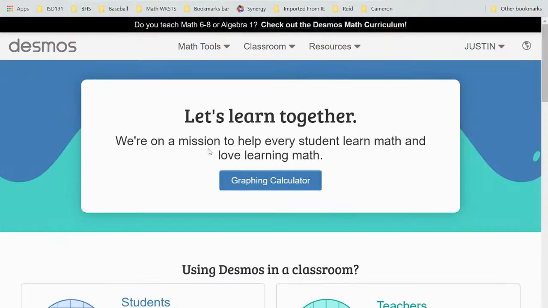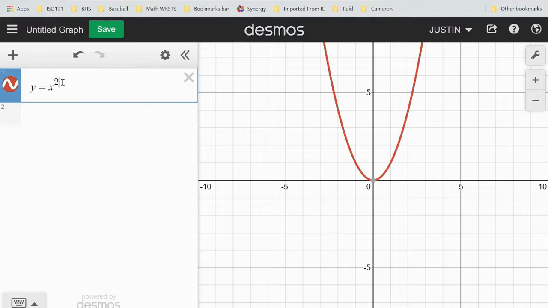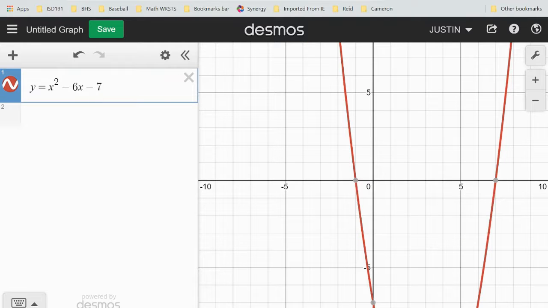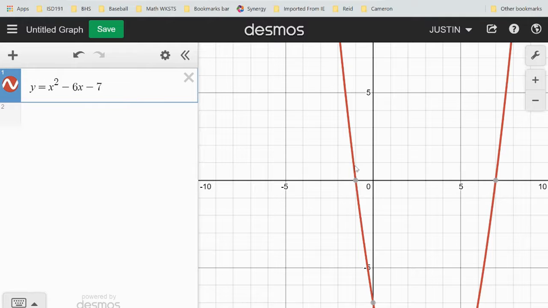So I'm going to go to Desmos.com, click graphing calculator, and type that equation into the equation space. Let me double check, is that the right equation? Yes, okay, we're good.